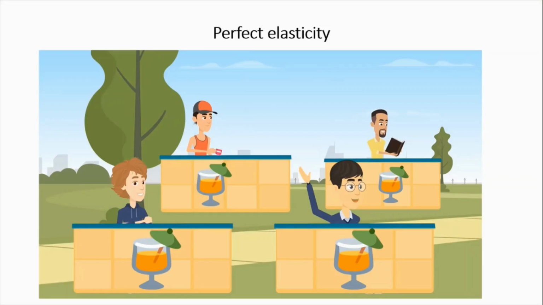Now let's try to understand this situation here. What do you see in the picture? You have a bunch of sellers who are trying to sell lemonade sitting in the park. We all know that lemonade is a very general product and very homogeneous in nature, because almost all the sellers try to sell the same kind of lemonade. Now let's see what happens when there are price changes to such a product.